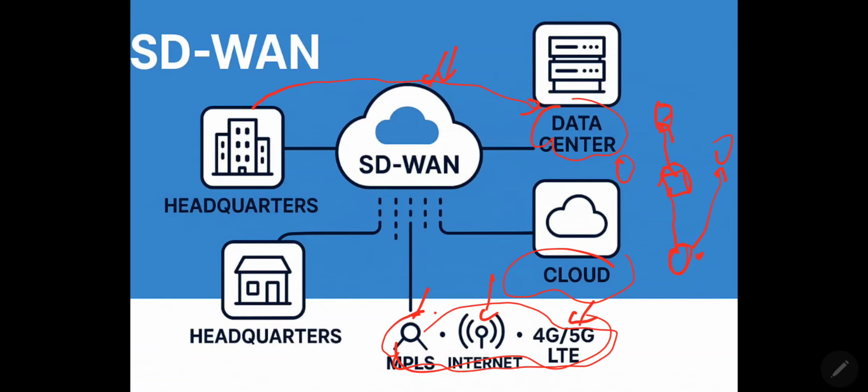And if you think about security for SD-WAN, the security is located in the edge devices. Okay, I hope you understand this concept.